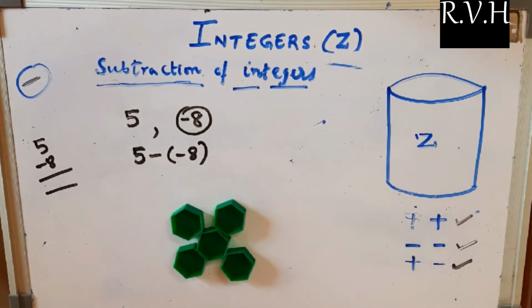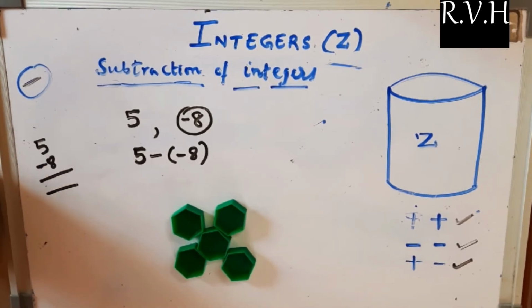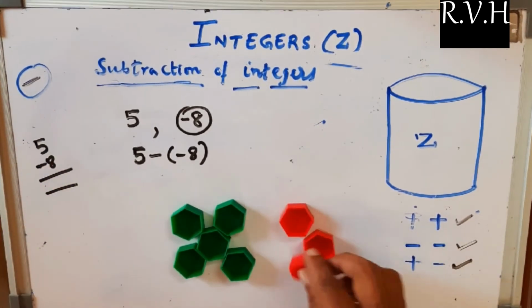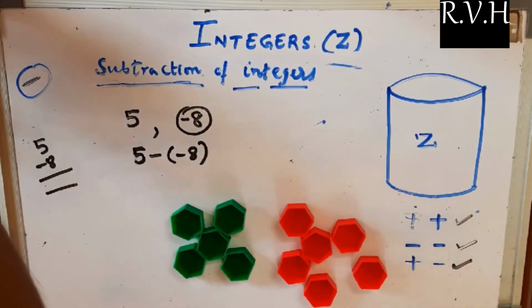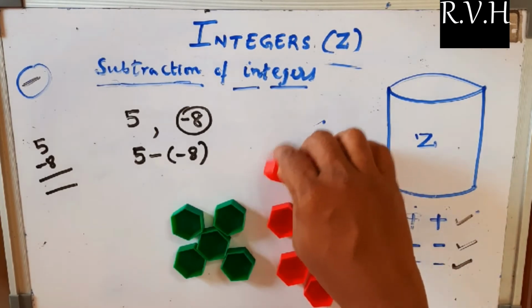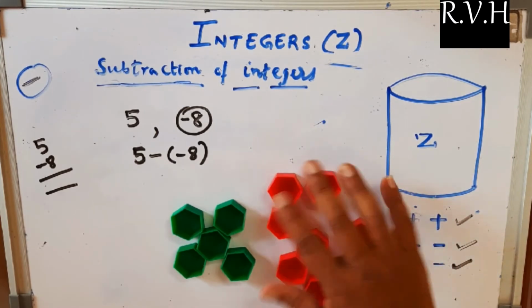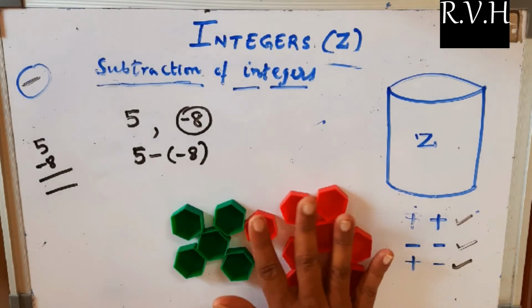So that's why, to make it happen, I introduce 8 red ones. See here, now I can see the red ones. But it's not fair introducing them like that.